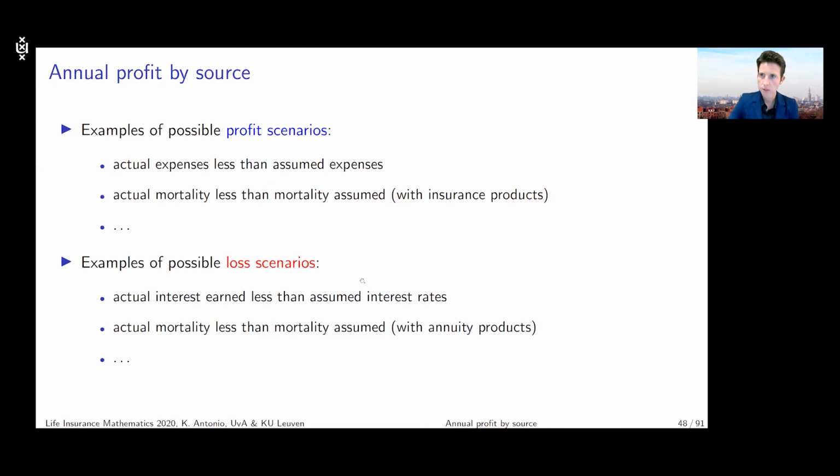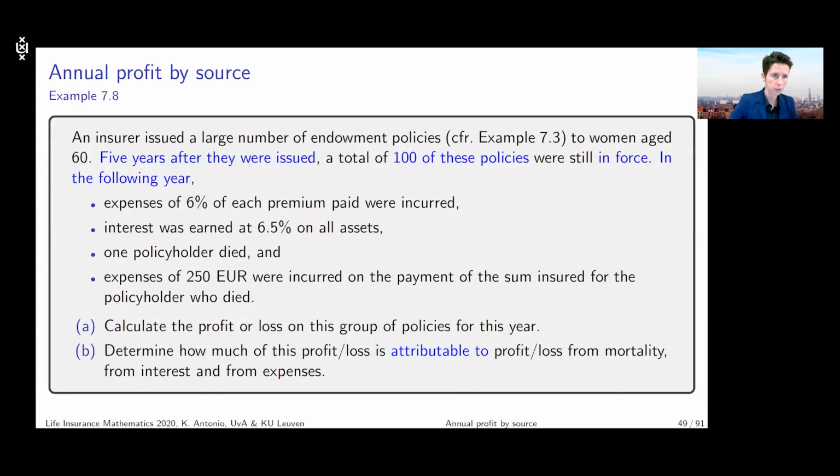So we're going to tackle this question with an example, with a concrete exercise. And we're going to look at a setting where we issued endowment insurance policies to women age 60, right? We made certain assumptions in this, so this exercise follows up on example 7.3.